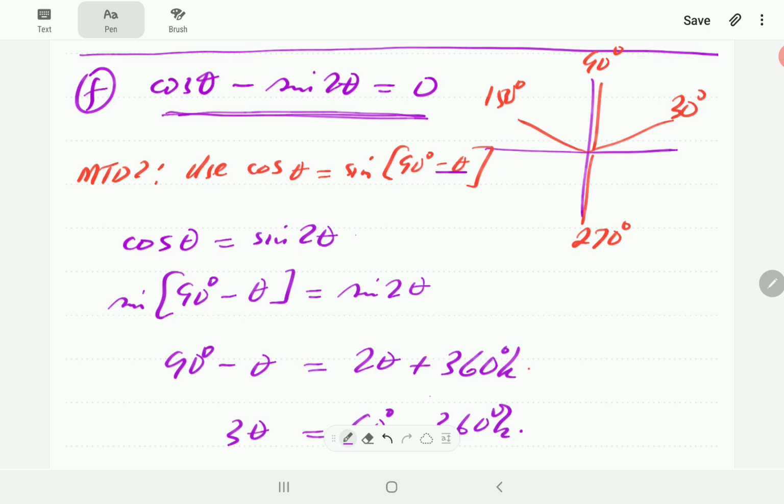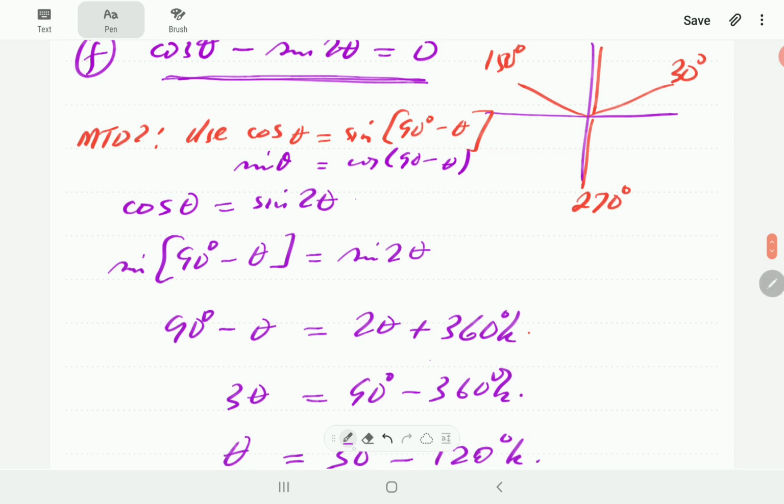So this time in method 2, we're going to use the fact that we mentioned that cosine theta is sine of 90 minus theta and vice versa. So sine theta is cosine of 90 minus theta. So here, if we take sine 2 theta to the other side, we've got cosine theta is sine 2 theta. And then this we can write in terms of sine as sine of 90 minus theta.